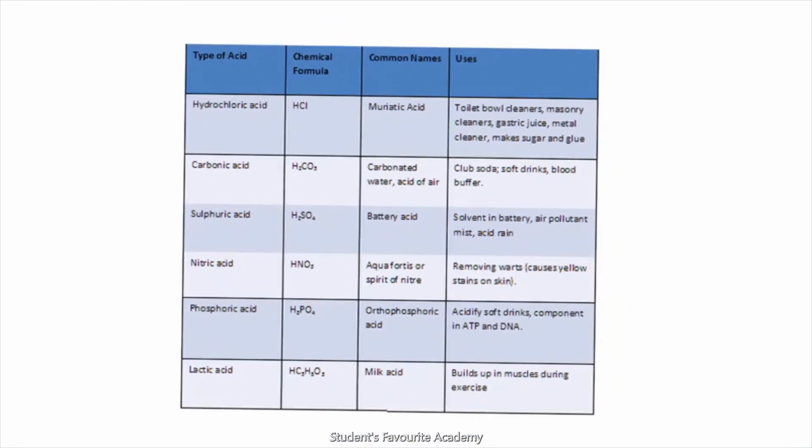So they are used as toilet cleaners, then they are used as masonry cleaners, they are also present in the gastric juice, they are used as metal cleaners, and they are used to make sugar and glue. Then carbonic acid formula is H2CO3, carbonated water, acid of air, these are the common names, and they are used in club soda, soft drinks, etc.